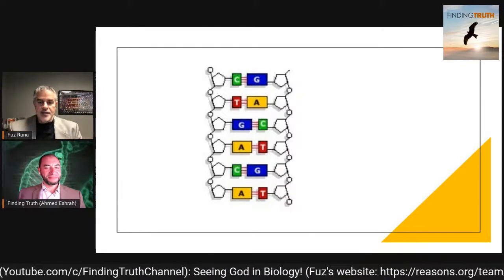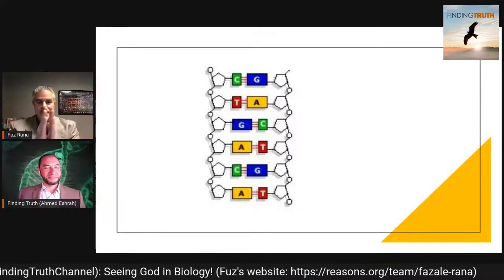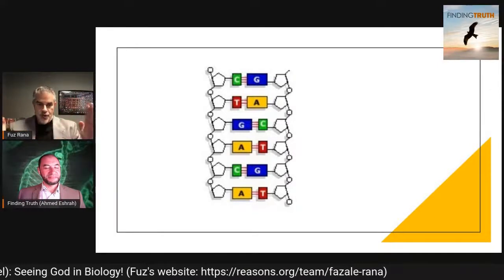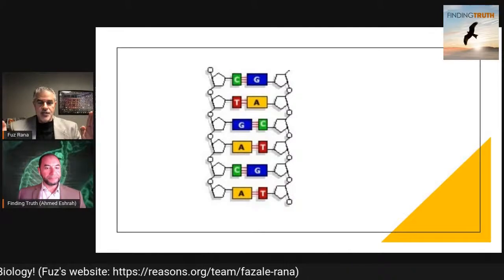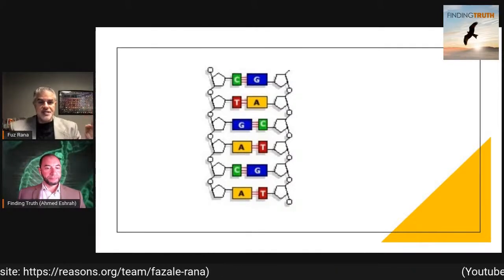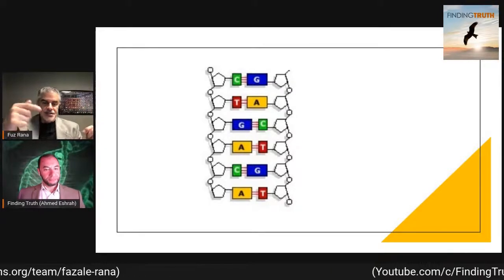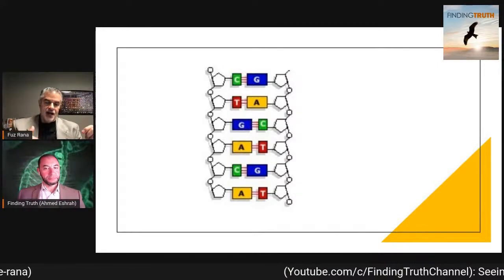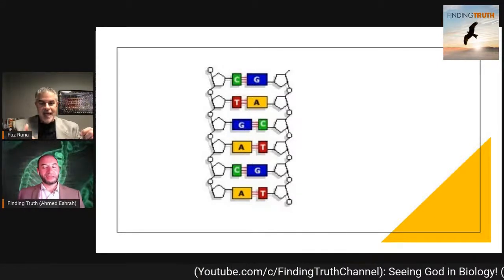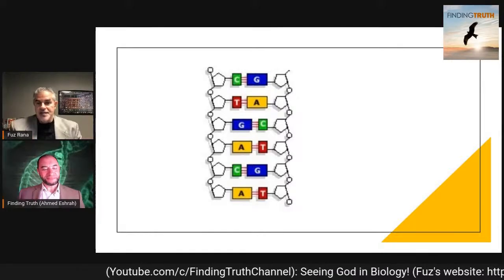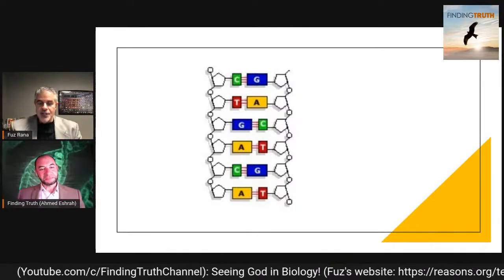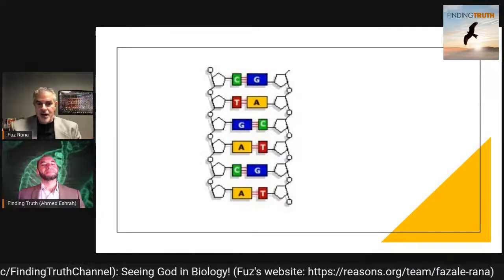So the way to think about this is that if you could conceptually pull the two strands apart, each strand now serves as a template that allows you to assemble the complementary strand. What would result would be essentially two molecules identical to the parent molecule.